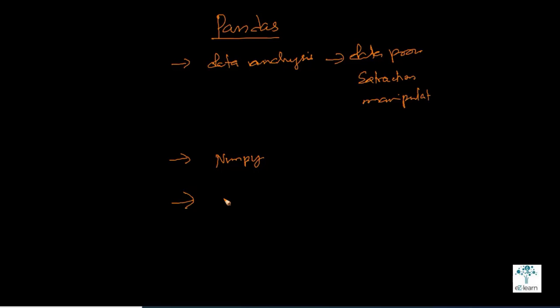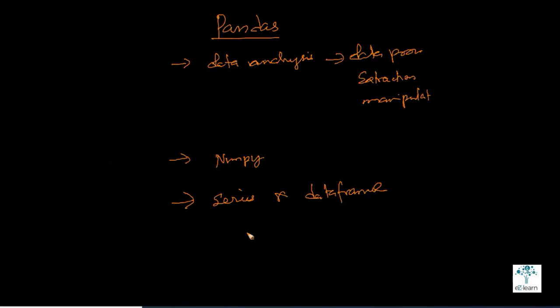What are the data structures? Two data structures. One is Series and another one is DataFrame. If you want to handle data, we have to maintain that data in these two ways.